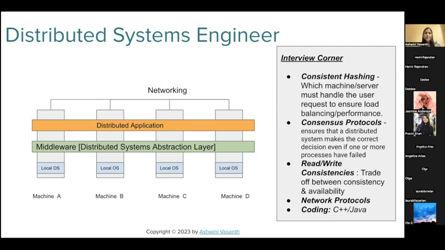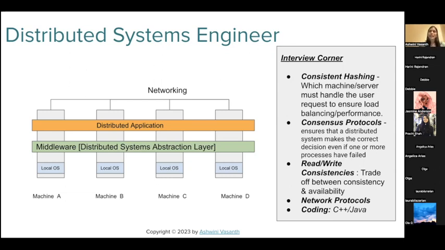So there is a concept called consistent hashing. The idea is, when a request comes, we briefly spoke about load balancing, right? Load balancing is a construct where, let's say a request comes and there are 4 servers, you decide which server handles your request. The simplest scheduling mechanism is you just say, okay, there are 4 servers, I'll send it to server 1, the next time I send it to server 2, 3, and 4, and so on.